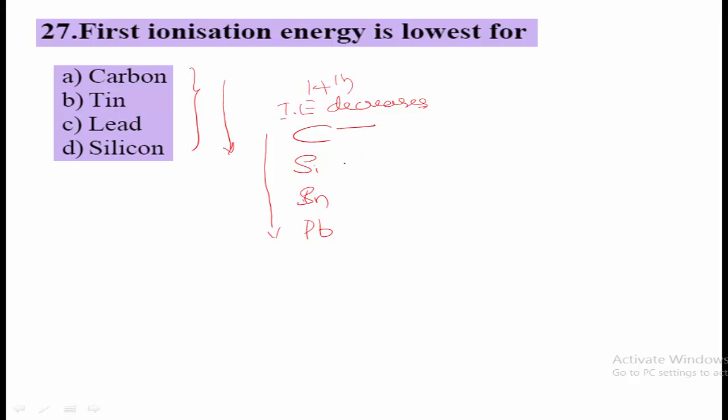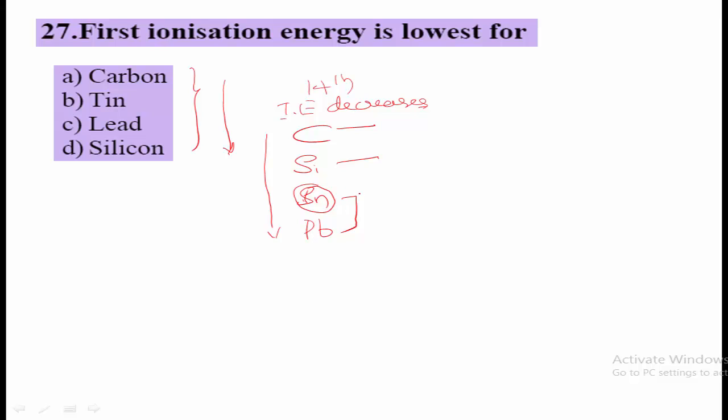So carbon and silicon have high ionization energy as compared to lead and tin. Following the trend, we can say lead has the lowest ionization energy. But actually tin has the lowest ionization enthalpy or ionization energy.